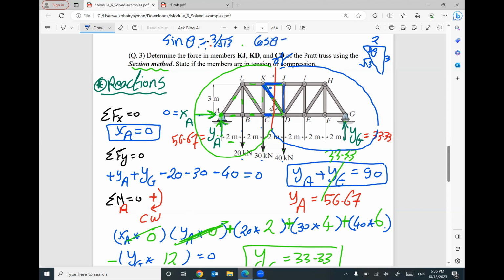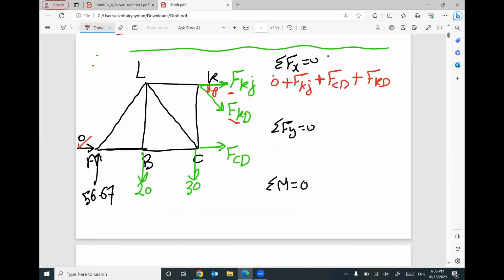Cosine theta equals 2 divided by square root of 13. That makes sense? I set up a right angle triangle for the angle theta. So for summation F of X, FKJ plus FCD plus FKD cosine theta equals 0. Keep in your mind the value of cosine theta based on this right angle triangle, 2 divided by square root of 13. I cannot do anything more for this equation.